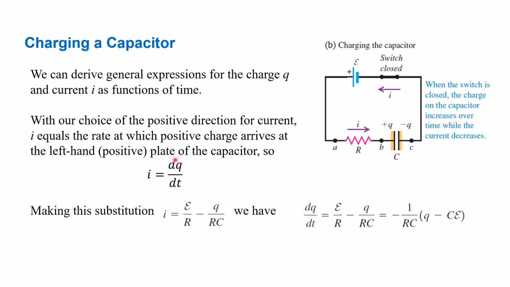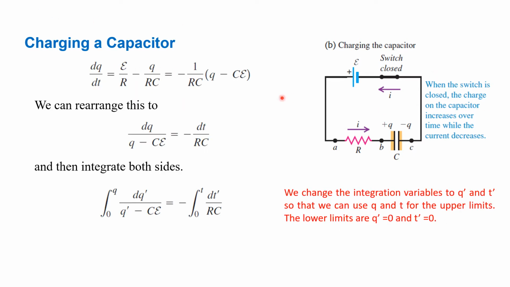We substitute dq over dt. So you have dq over dt equal to negative 1 over RC times Q minus C epsilon. So we have this equation, and we can rearrange it into this form.